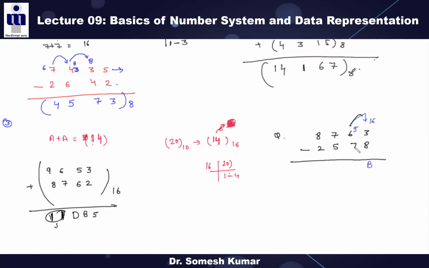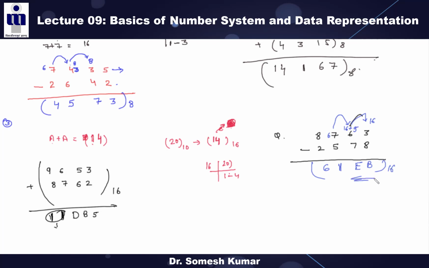So 5 minus 7 is not possible. So you have to take again one borrow. So now 16 plus 5 minus 7, it will come 14, for the E. And here the remaining is 6. 6 minus 5 is 1 and 8 minus 2 is 6. So this is your answer.